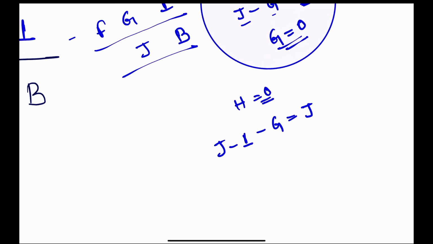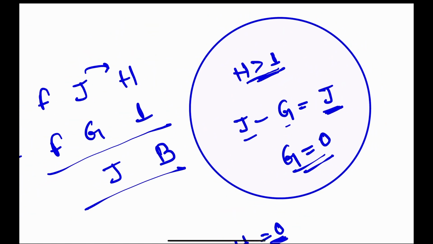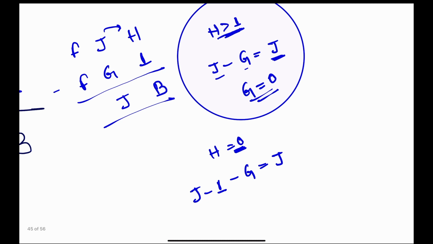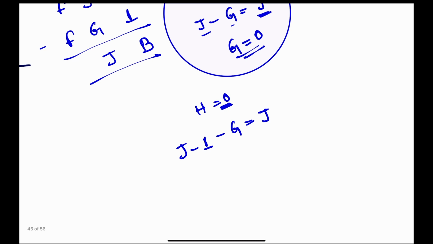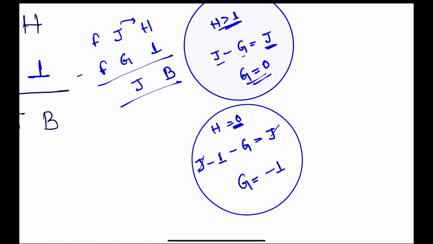And if H equals 0, see, I am writing greater than, so it could be anything. H could be 5, H could be 6. We will take some examples and then it's easy to understand. If H equals 0, then J minus 1 minus G equals J. So JJ will go away, and G equals minus 1. So these are the two possibilities.